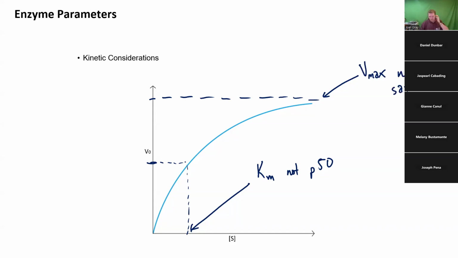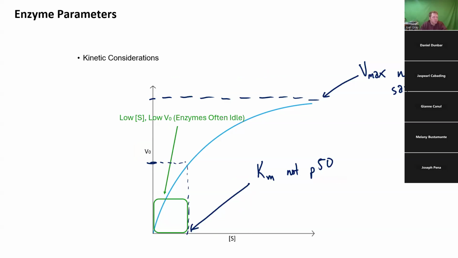Okay. So when it comes to oxygen binding curves or enzyme activity curves, they're very similar to one another. And the important parameters on there are the same. Km gives us a sense of, well, how much does our enzyme want to bind our substrate? And Vmax gives us an idea of, well, how fast can this enzyme catalyze a reaction?